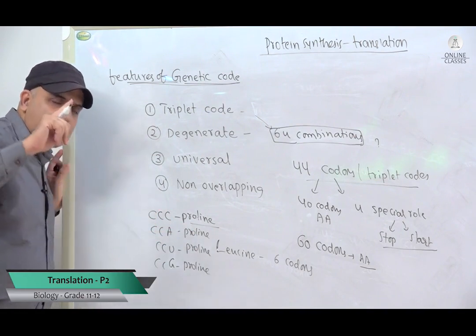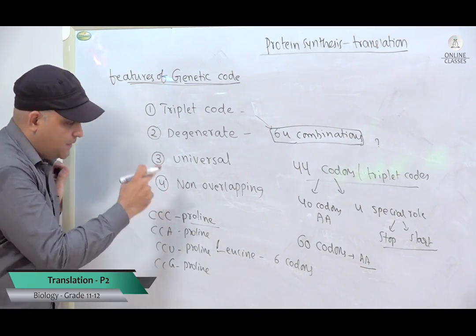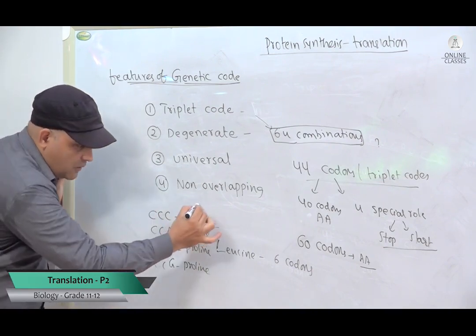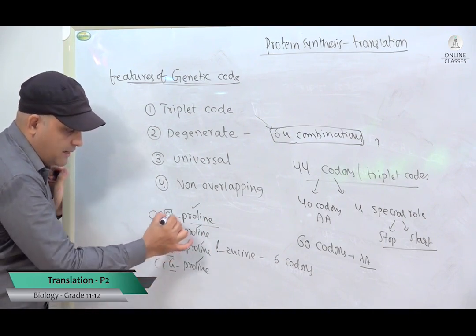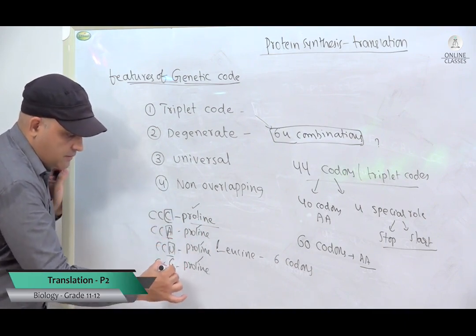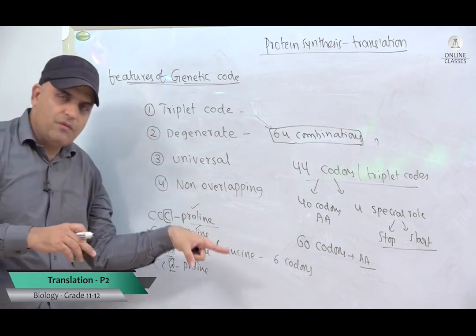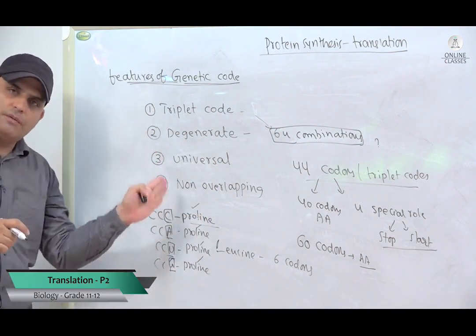Let's say because of a mutation, even if the last nitrogen base is mutated or has a different sequence, still it will code for the same amino acid. It doesn't matter what you place at the last nitrogen base. I think you got it. So degenerate code helps to protect you from the harmful effects of mutation, especially at the last nitrogen base.